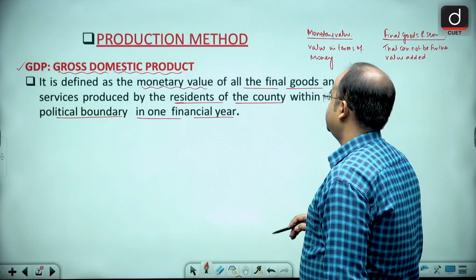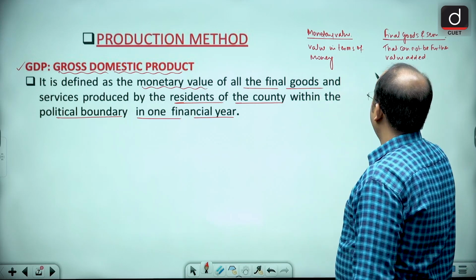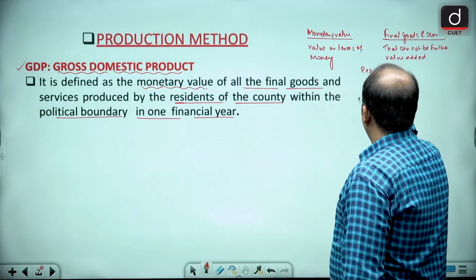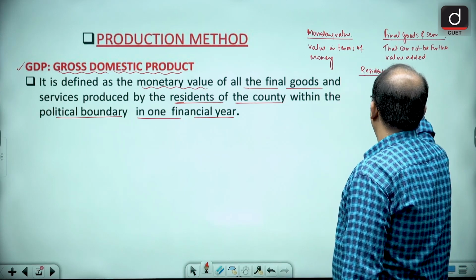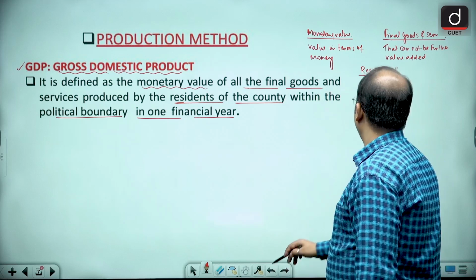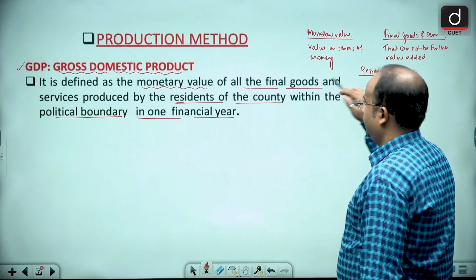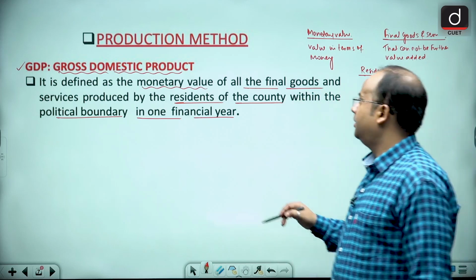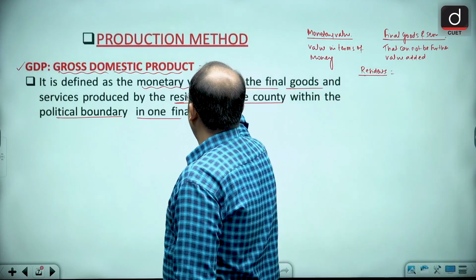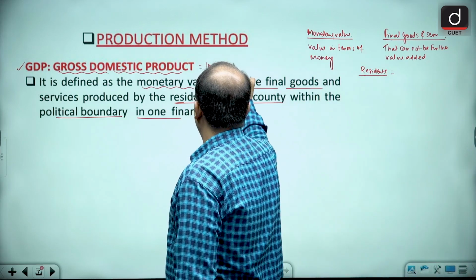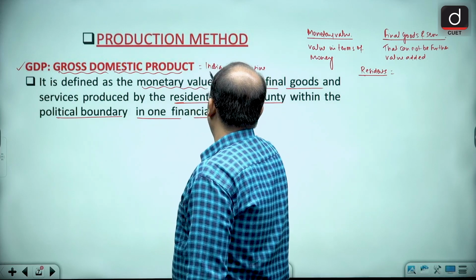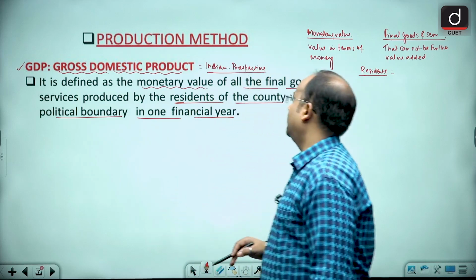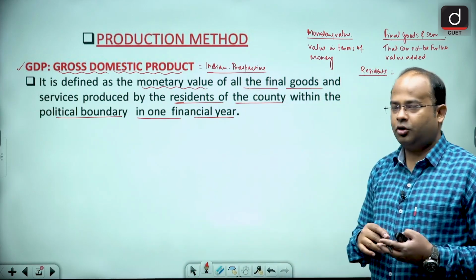Then goods and services provided by the residents. Residents means the people who are living in India. If I am talking about India, let's take the Indian perspective, so that it will be easy for you to understand the concept.